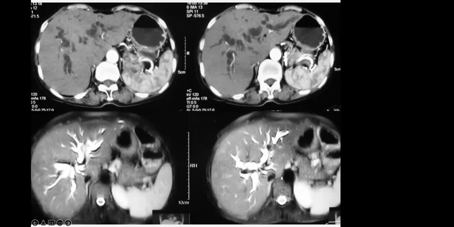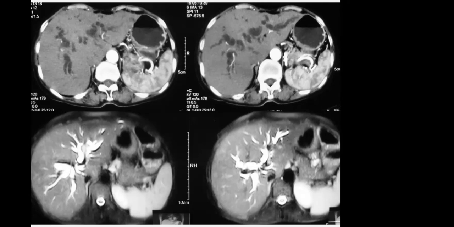So there are three basic sequences on MRI. We call them spin echo, gradient echo, and inversion recovery. But I don't think you need to go into the MR physics of those different sequences.